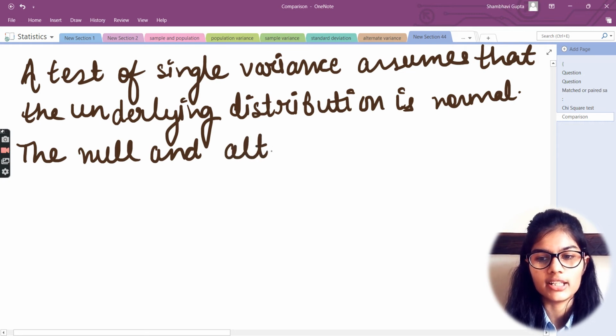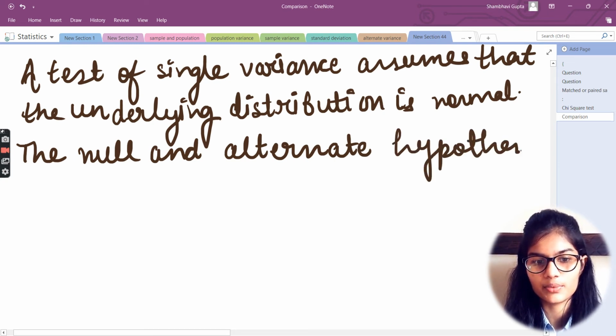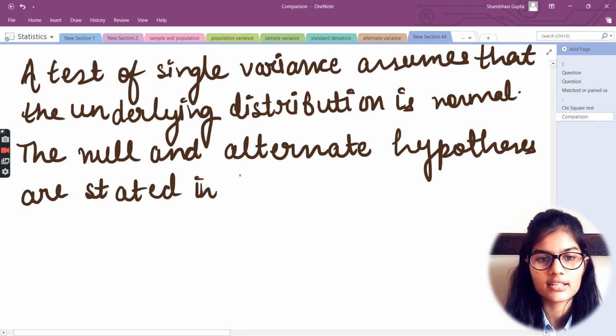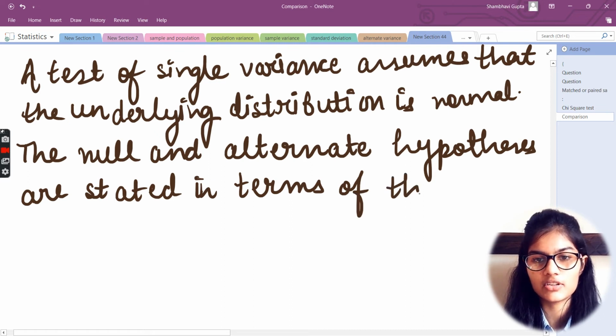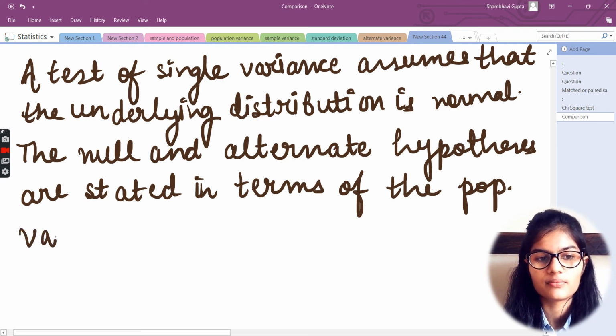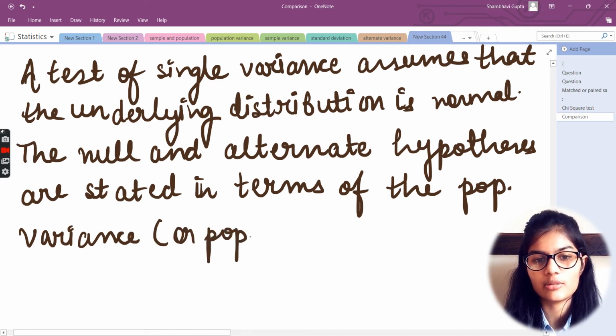Next we have the null and alternate hypothesis. The null and alternate hypotheses are stated in terms of the population variance, or you could say, that as well means regarding the population standard deviation, right?